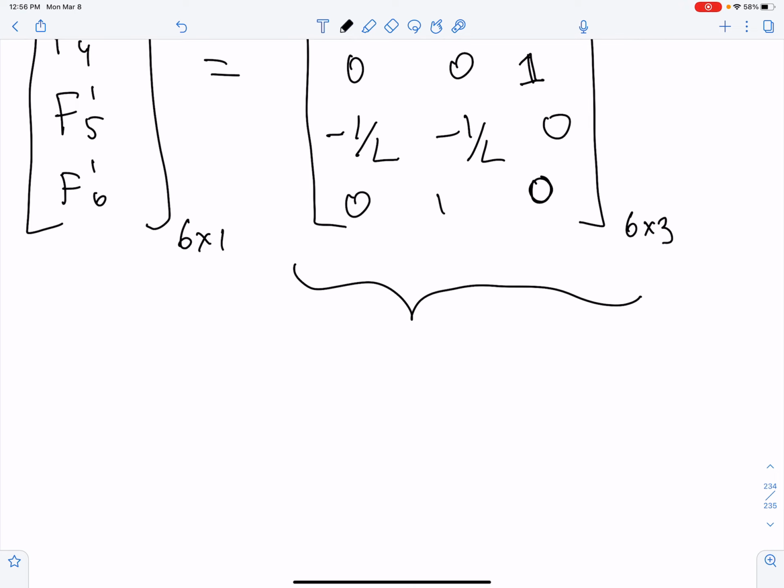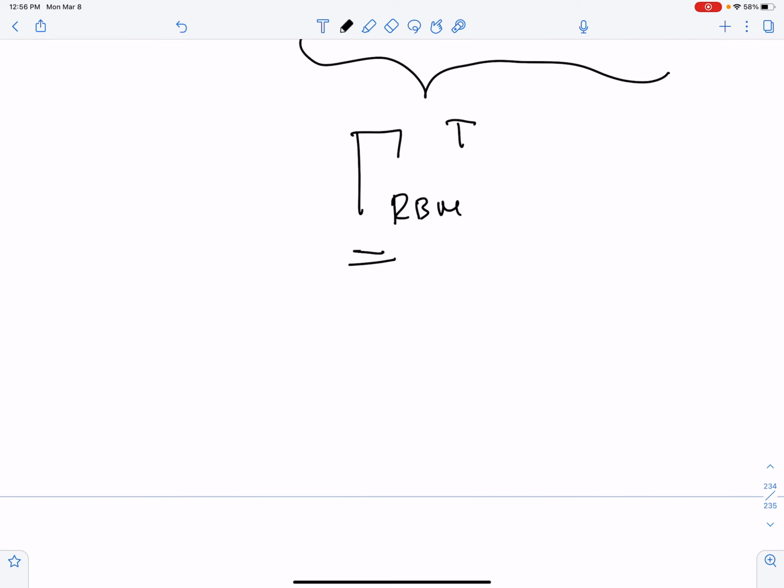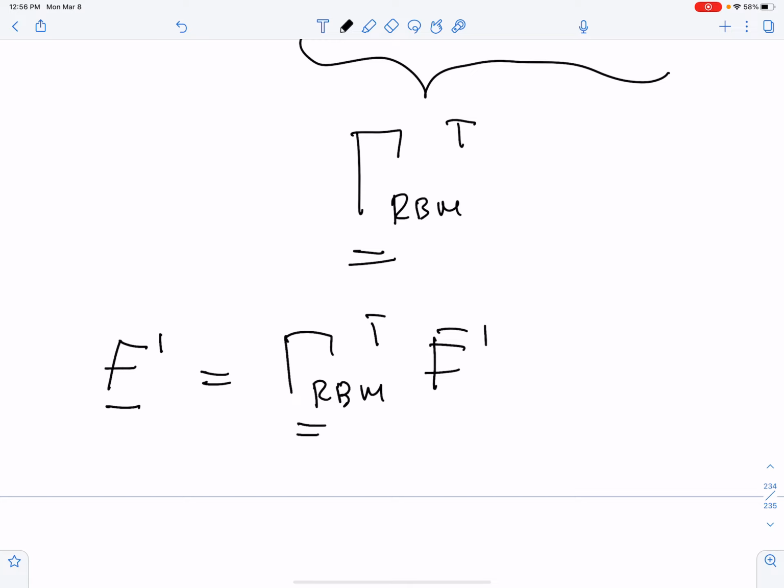But here, from just the basic force balance, we see that you get gamma RBM transpose. So while gamma RBM relates local displacements to basic displacements, generalized, gamma RBM transpose relates basic forces generalized to local forces. Nothing different, exactly what you saw in the case of a truss, but with the expanded definitions of things. So F prime equals gamma RBM transpose times F over bar prime.